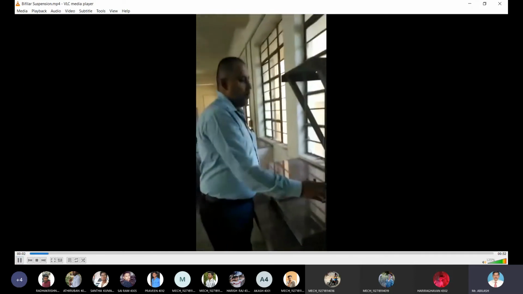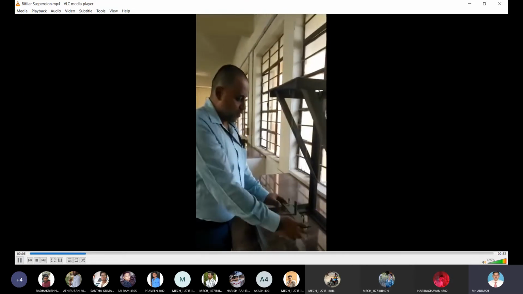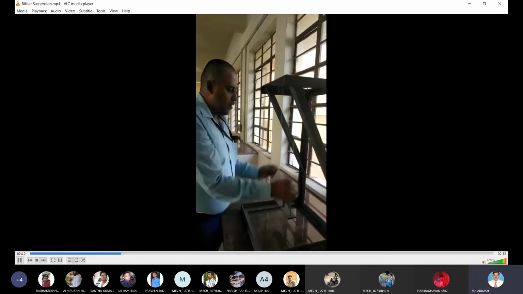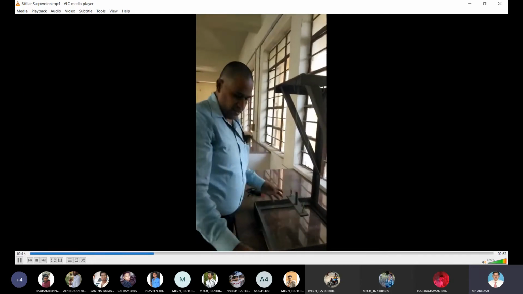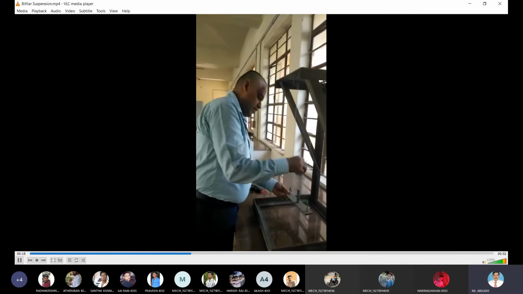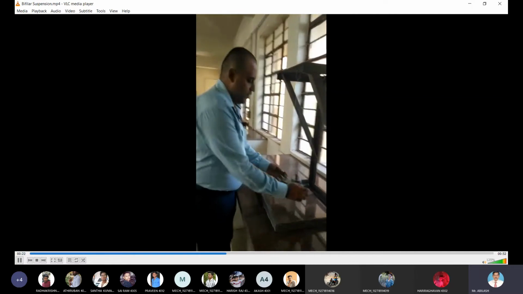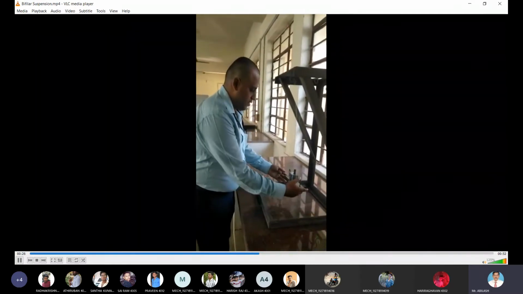Students, this is bifilar suspension. There are two suspension points. The observation of this experiment is that you need to measure the length of the bar, the distance between the strings, and the length of the string. Next, you add the weight to the load hanger. Then you make the oscillation.